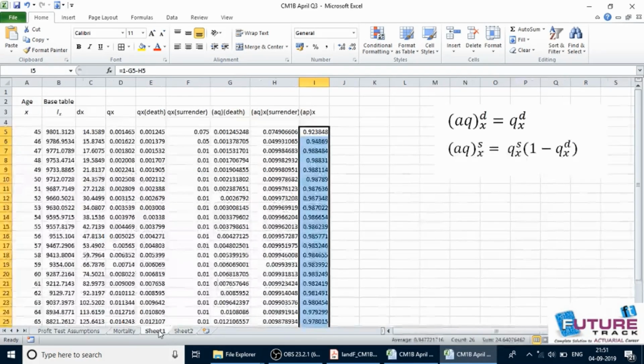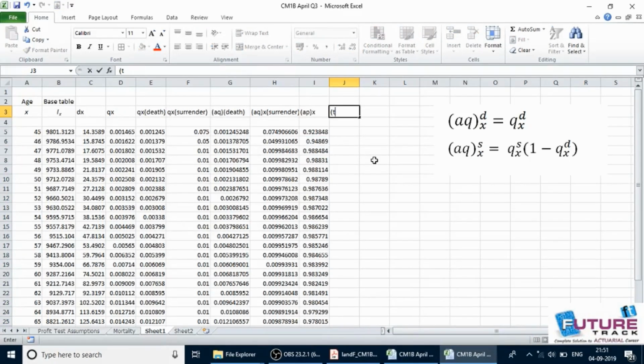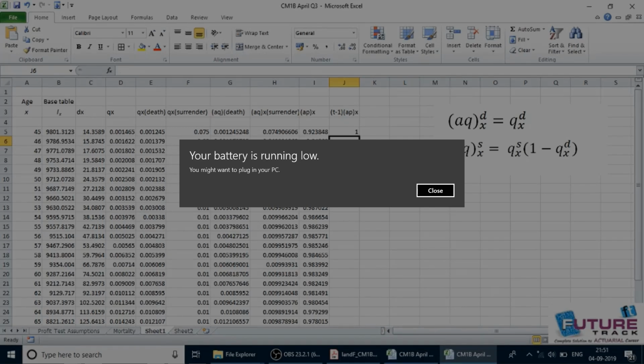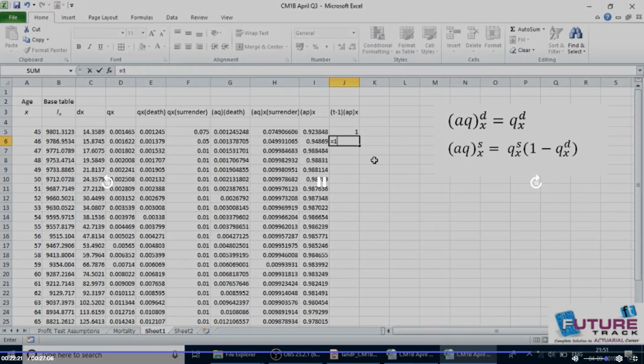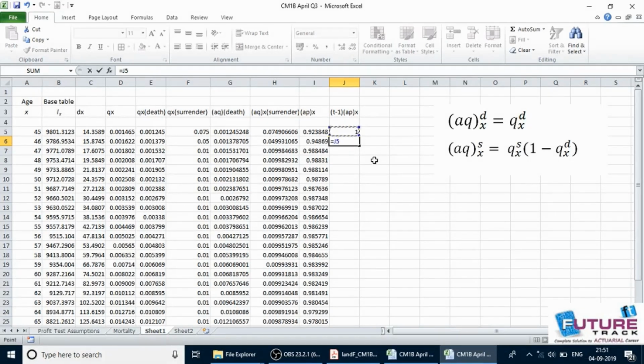So T minus 1 APX, this is my 1 APX. So let me find T minus 1 APX. For T equal to 1, it is 1 minus 1 APX, that is 0 APX, that is 1 only. Right? For the second year, it is 1, that is this, into this APX.